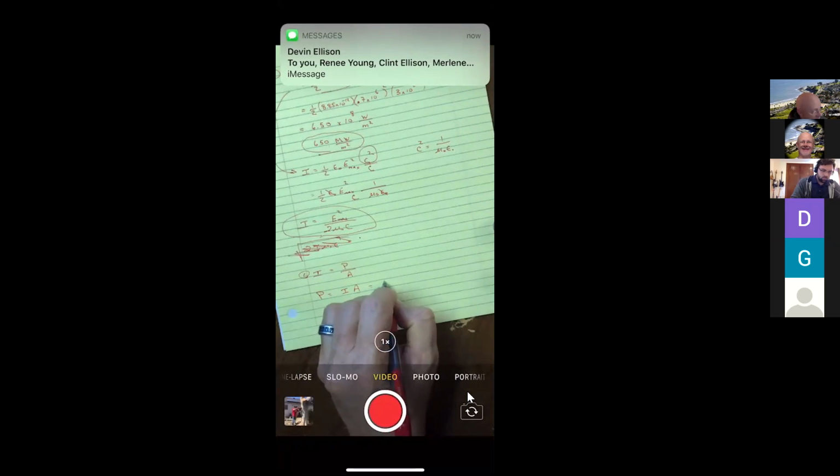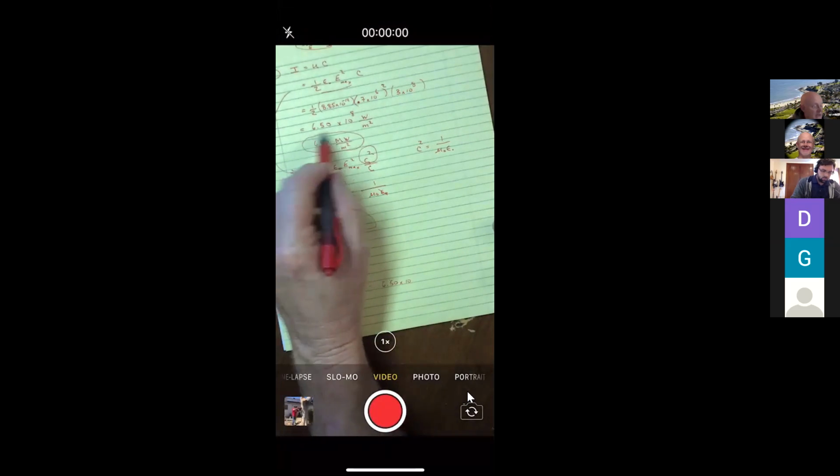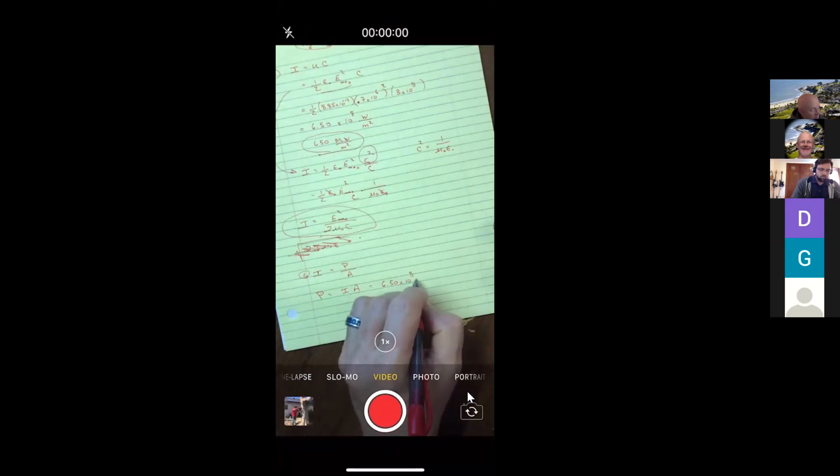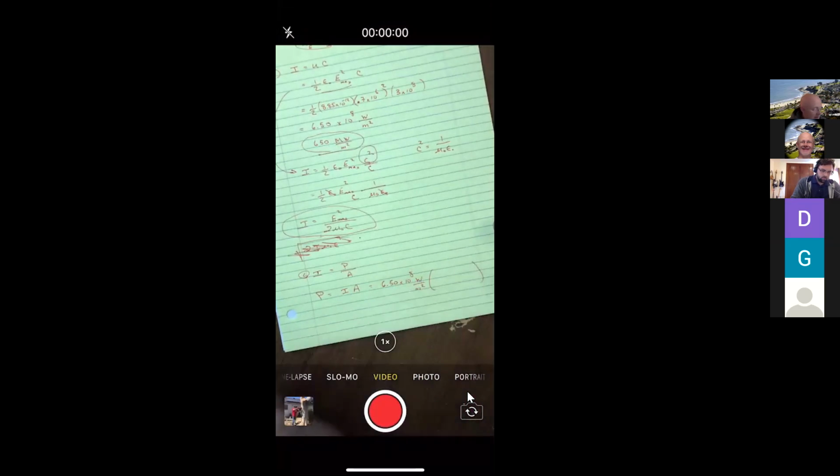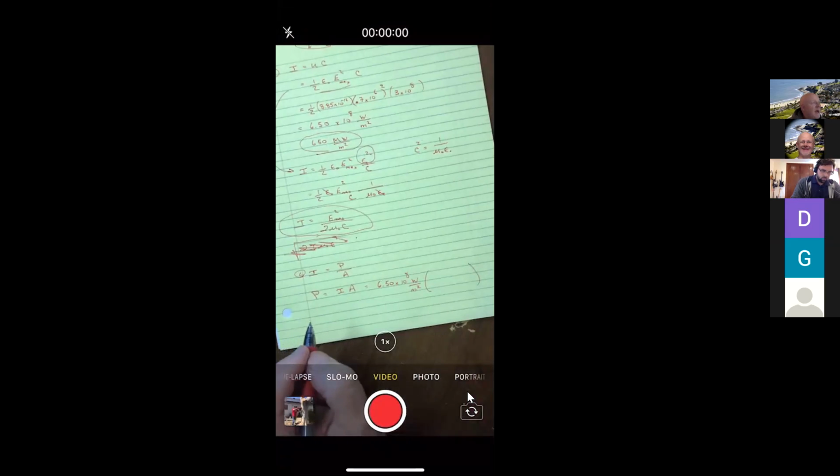But I'll take the 6.50 times 10 to the 8th watts per square meter, and then multiply it by the area of this laser beam. They don't say exactly that it's a cross section of a circle, but they do say it's a diameter.